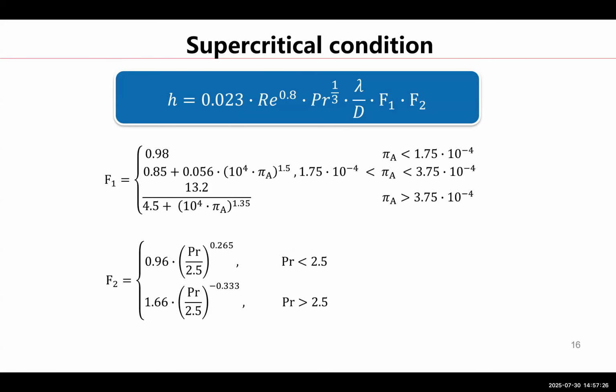And the second is that correlations should contain as few parameters as possible, since a complex structure limits the robustness of the correlation, especially in application to conditions near the pseudo-critical point.